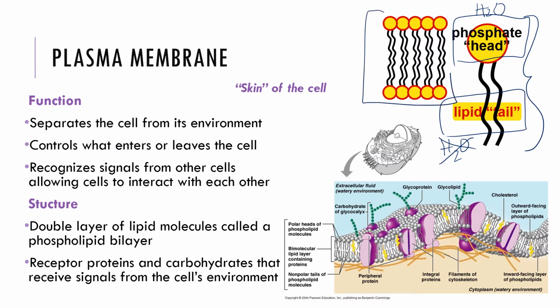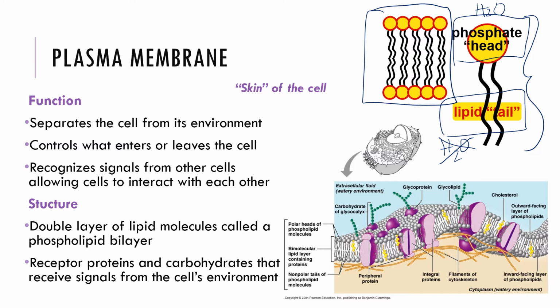And this creates this lipid bilayer structure where the phospholipids orient themselves with their tails facing inward to hide from the water that is outside and inside the cell. This allows us to create a very delineating mark of you are outside of the cell or you are inside of the cell. It separates the cell from its environment.